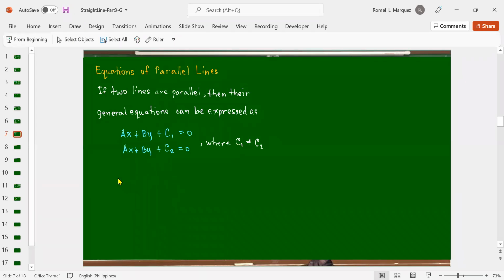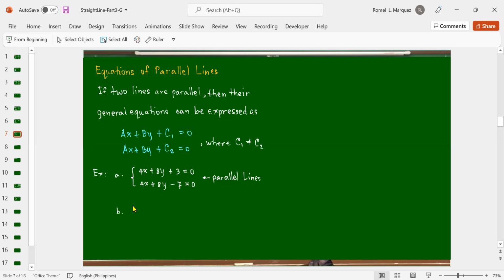Okay, guys? So examples of lines that are parallel. So these two lines are parallel, okay, guys? Because as you see, the coefficients of x are identical, the coefficients of y are identical, and their constants are different from each other.